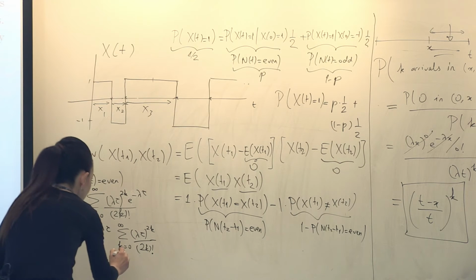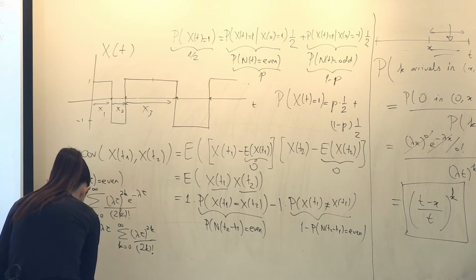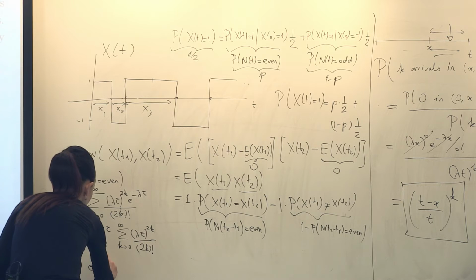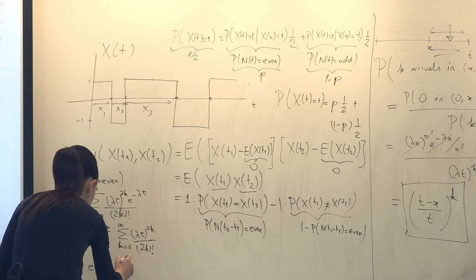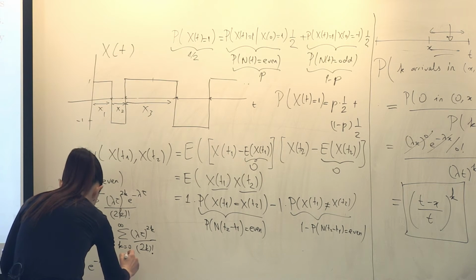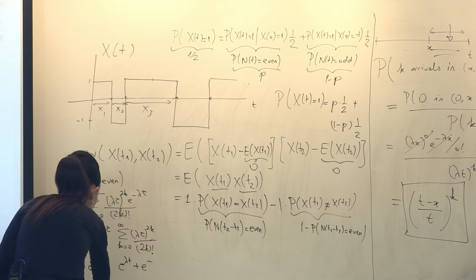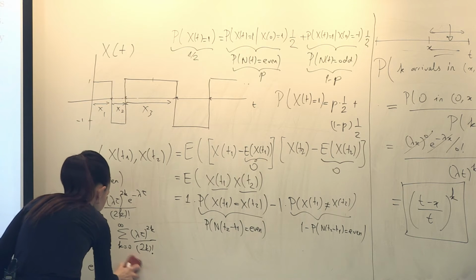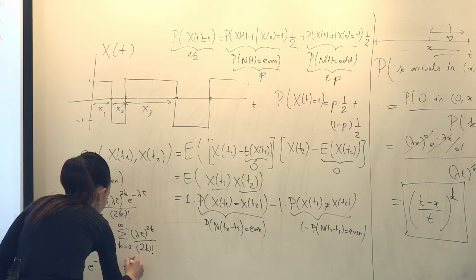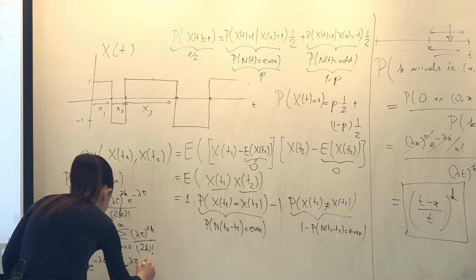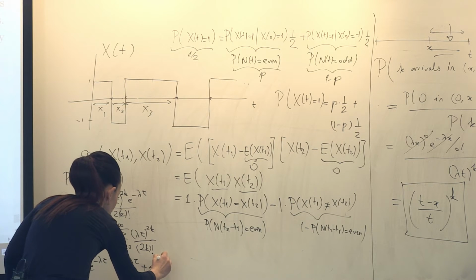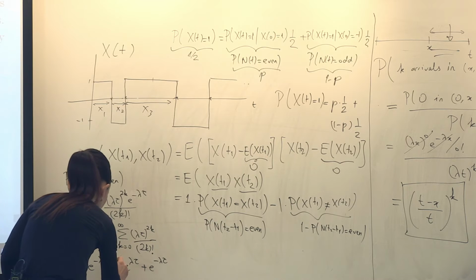Now, this actually is the sum of e to the lambda tau plus e to the negative lambda tau, divided by 2.